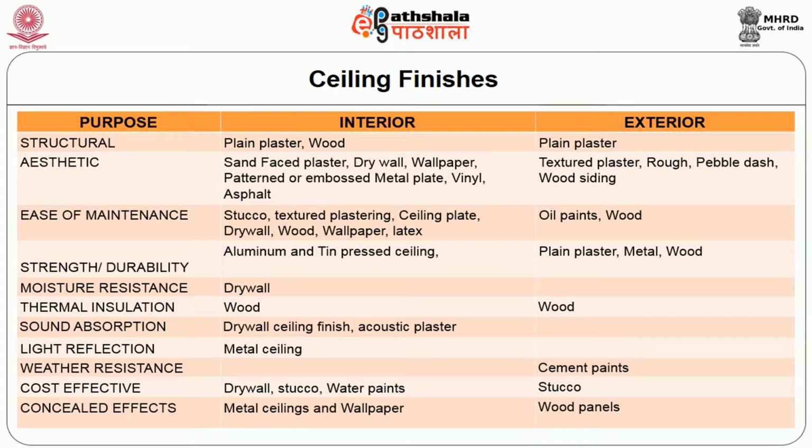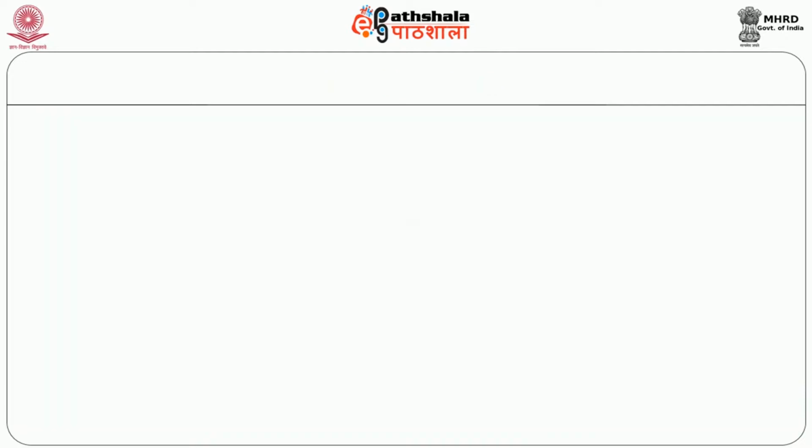Based on the structural purpose, aesthetic purpose, ease of maintenance, strength and durability, moisture resistance, thermal insulation, sound absorption, light reflection, weather resistance, cost effective and concealed effects, one can choose the different types both for interiors and exteriors.